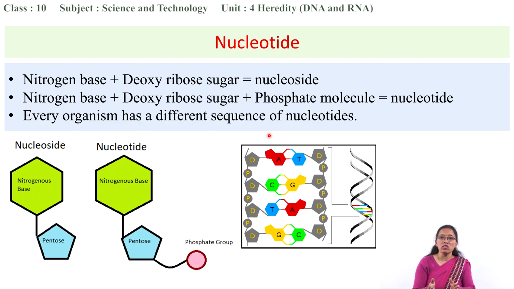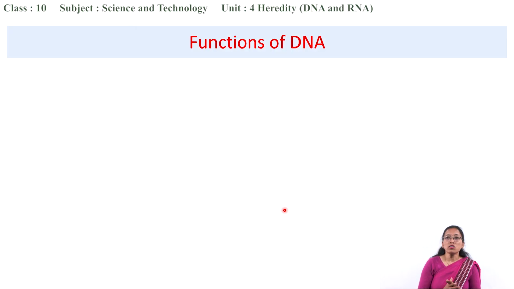Based on that, there is DNA fingerprinting; have you heard about this technique? When some crime occurs, they do DNA sequencing, where they can identify the persons related to it. While doing this, they read the sequence of these nucleotides. Now, functions of DNA. What are the functions of DNA?